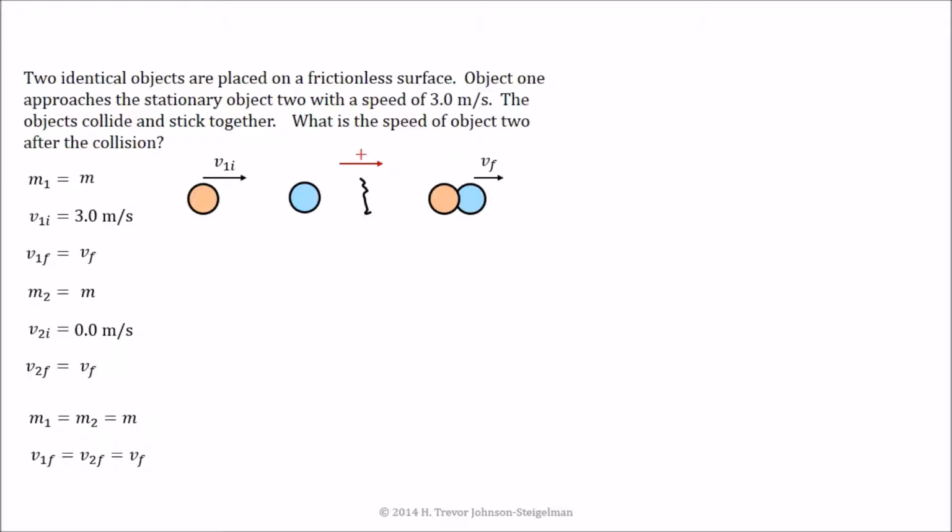The other thing I want to do before I go any further with the problem is to think about what's happening here. I've got an object that has some speed, some momentum, and I have a second object that has no speed and therefore no momentum. After the crash, I still have the same amount of momentum, but I've got a larger mass that's moving.